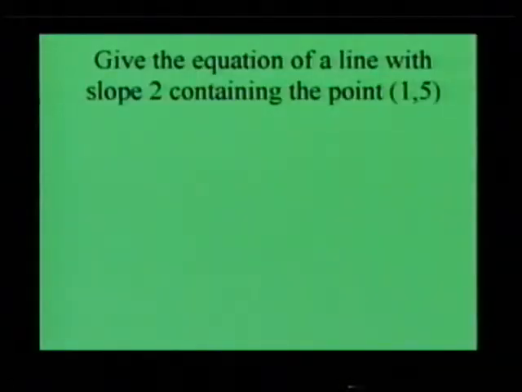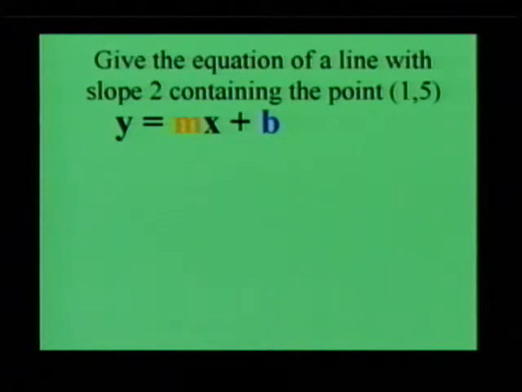Let's try another one. It's a different way of asking this. Give the equation of a line with a slope of 2 containing the point 1,5. Now that means the point 1,5 fits in. The first part is easy. Since y equals mx plus b, we're going to take that 2 and put it in the slope place. So y equals 2x plus, now all we have to do is figure out what the b is, or the y-intercept, and we'll have the general equation.